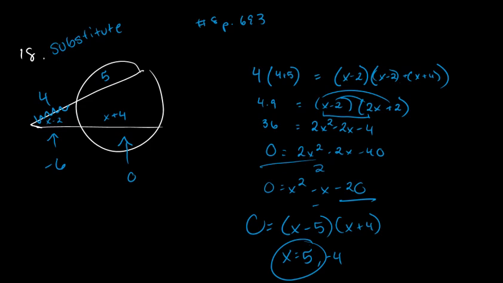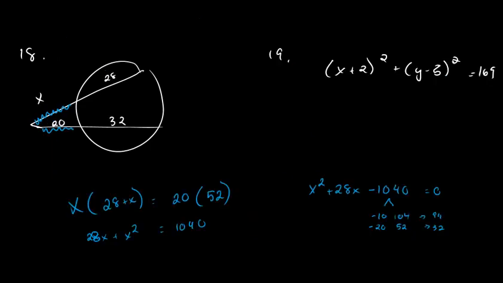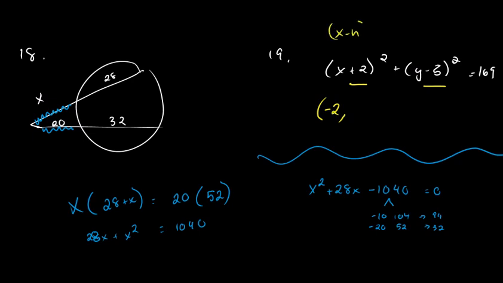And now I'm going to go back to my previous slide for number 19. Number 19 on the review, or the chapter test, it says find the center and the radius. Alright, given this standard equation right here. Well, our center is given by the h and the k, depending on what's plugged in. If it reads plus, that means it's actually negative, because in our formula it's x minus h.